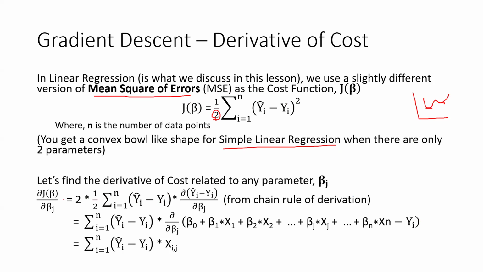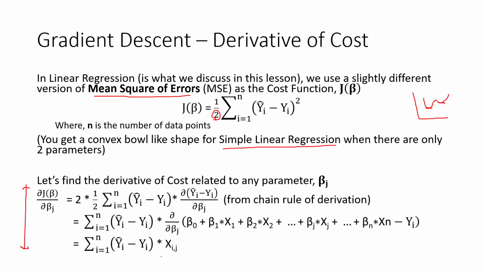So when it comes to partial derivatives, we take a single parameter. Because you have multiple parameters like beta 0, beta 1, beta 2, up to beta n, we can take a single parameter, beta j, and take the partial derivative. If you don't understand the partial derivatives, don't worry, just forget about these terms from here to here.